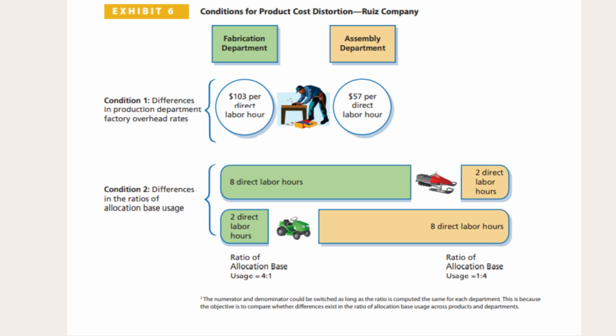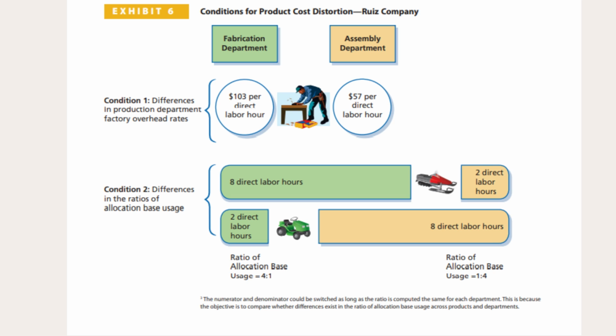Condition number one also exists in Ruiz Company, because the factory overhead rate for the fabrication department is $103 per direct labor hour, whereas the rate for assembly is only $57 per direct labor hour. However, this condition by itself will cause product cost distortions.